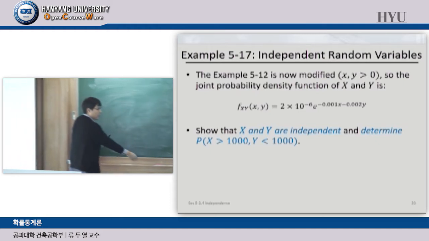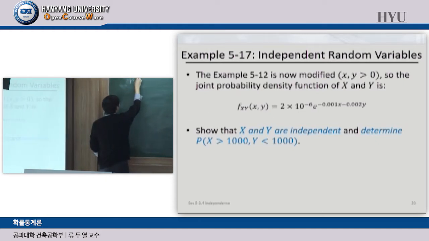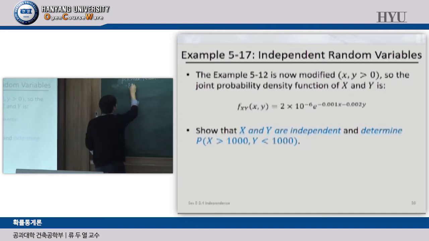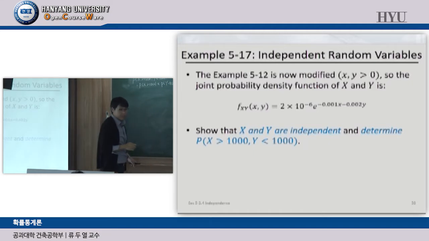So this is the case of independence, which means that the probability of x larger than 1000 and y smaller than 1000 is equal to the multiplication of each probability, right? Because this is independence. Okay?